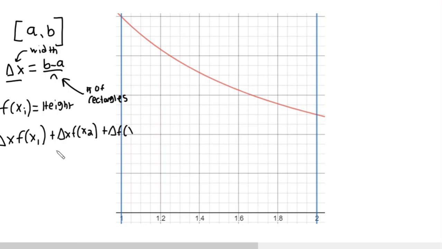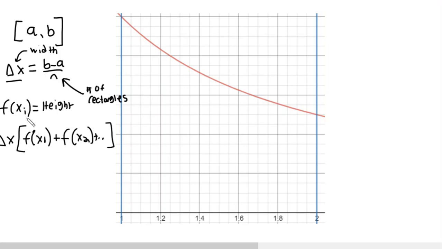You can factor out this delta x, and leave it as delta x times f of x1 plus f of x2, and so on. This i basically means that we're using the right endpoints, left endpoints, or midpoints, and it also stands for the number of the rectangle we're using. Delta x is the width, and these f of x values are the height.